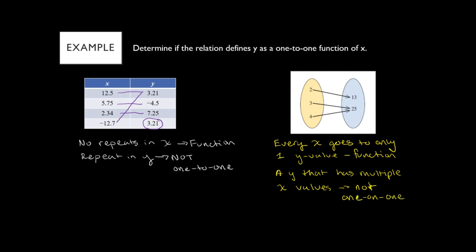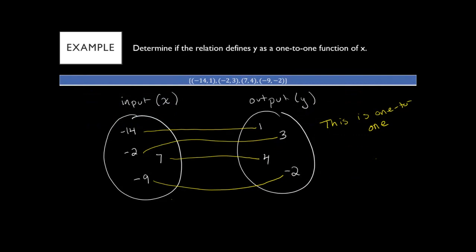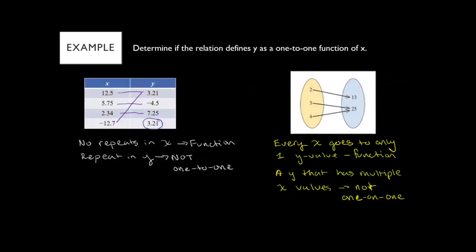So I had an example here where I drew them, and this is 1 to 1 because there's basically one connection between every number. But here, in the second example, 25 has 2 connections, and so that's what makes it not 1-to-1, because it has 2 connections on the y side. If there was a number on the x side, I can label these as, say this is x and this is y.